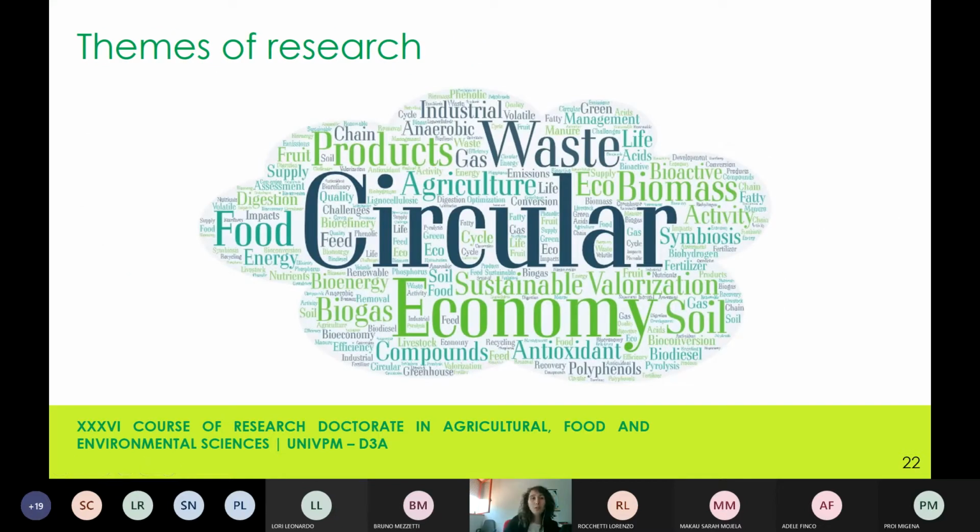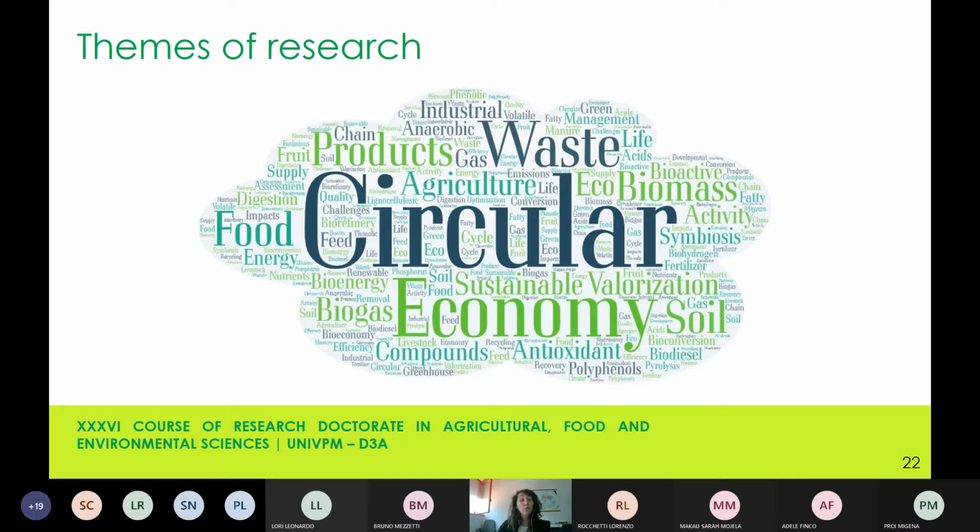For the themes of research, we can see that around the concept of circular economy rotate a series of different topics, starting obviously with the production of renewable energy. Starting with the biomass, through processes of pyrolysis or anaerobic digestion, we can obtain biodiesel, biogas, biomethane, biohydrogen, and so on and so forth.